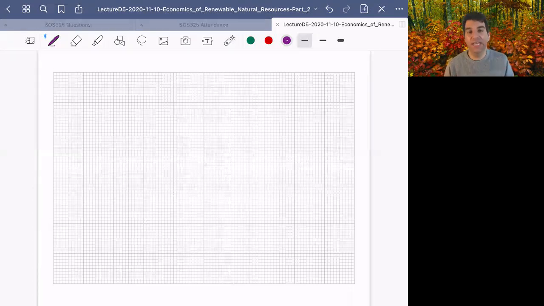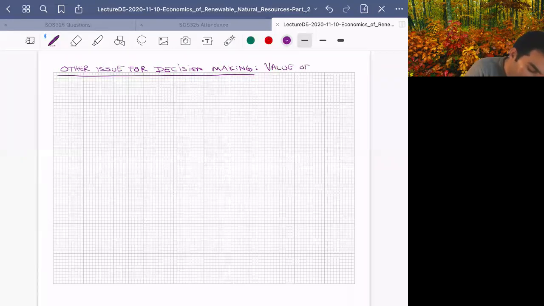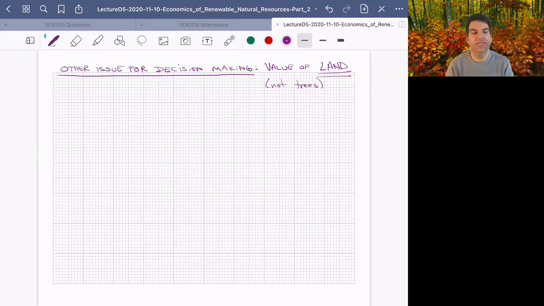So the other issue for decision-making that the landowner is going to consider is the value of the land itself. And I don't mean the trees, the actual land under the trees.